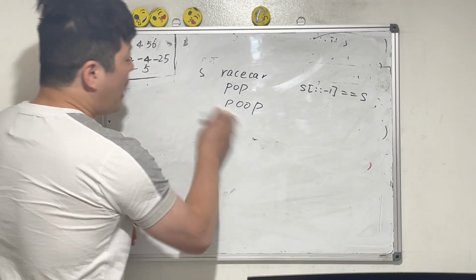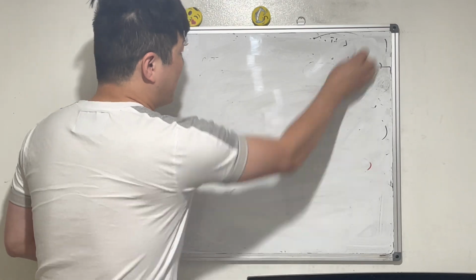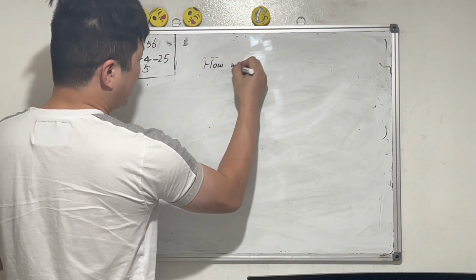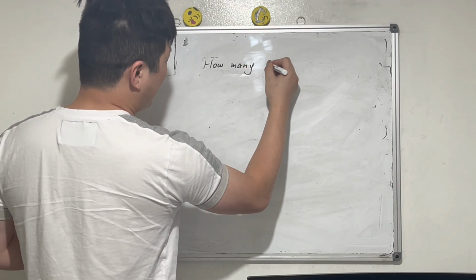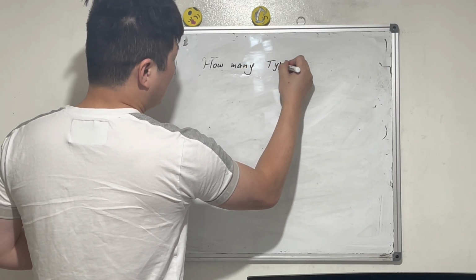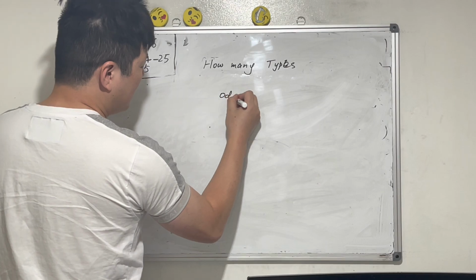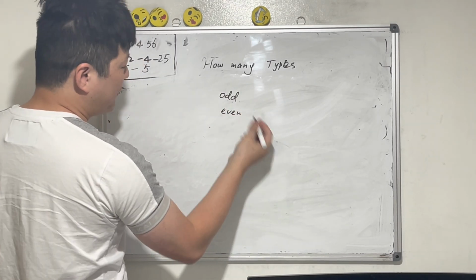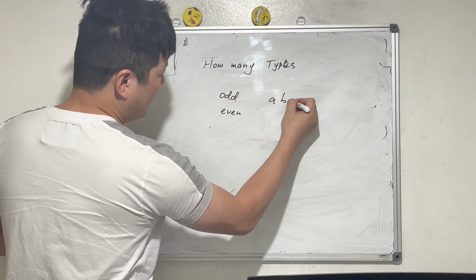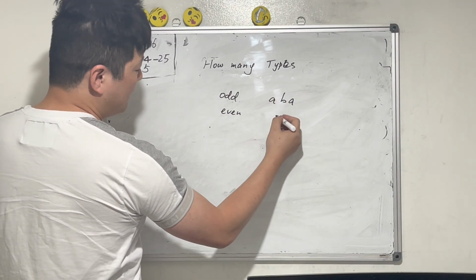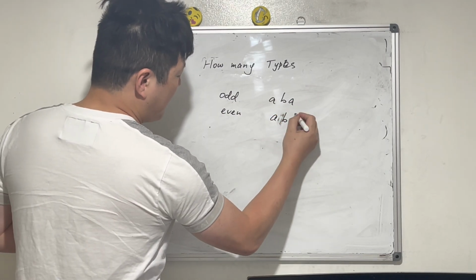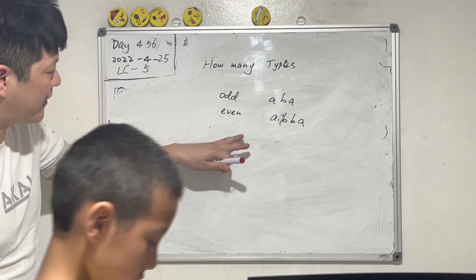Okay, so coming back to the question, how many kinds of palindrome are there? Odd and even. Odd characters or even characters. For example, odd characters: A, B, A. Even: A, B, B, A. You see the difference?